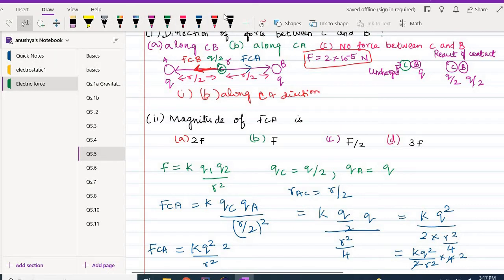It is nothing but the Coulomb's formula for two identical charges, F. So it equals 2F. Therefore FCA is equal to 2F, so option A is the answer.